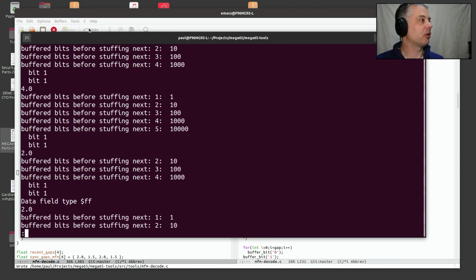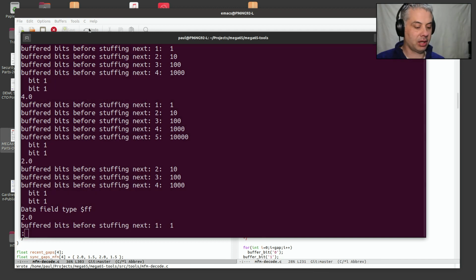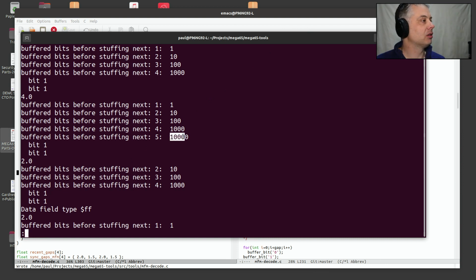Okay, so here we've got a problem with the decoder again, because when we've chopped off this one, we should have still kept that 0 at the front. We don't seem to be doing that.